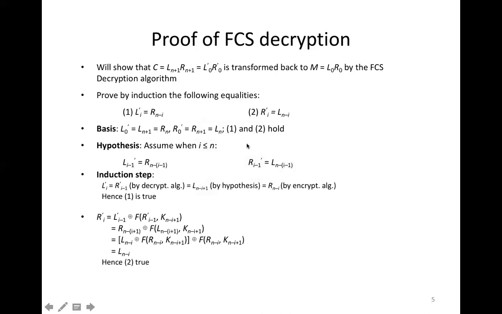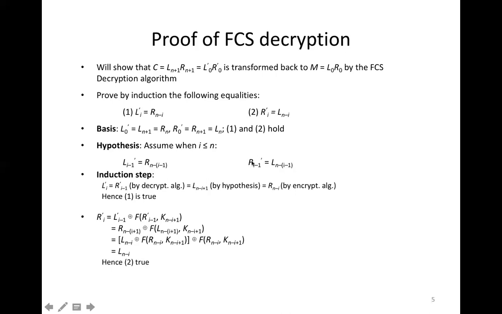So now we make a hypothesis. We are going to assume that for i less than or equal to n, these equalities hold. This is a standard way to do mathematical induction. So we assume that for any i less than or equal to n, L sub i minus 1 prime is equal to R sub n minus (i minus 1).